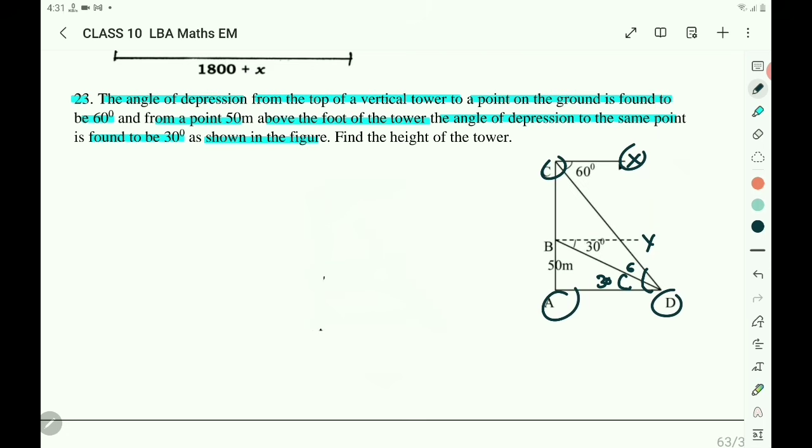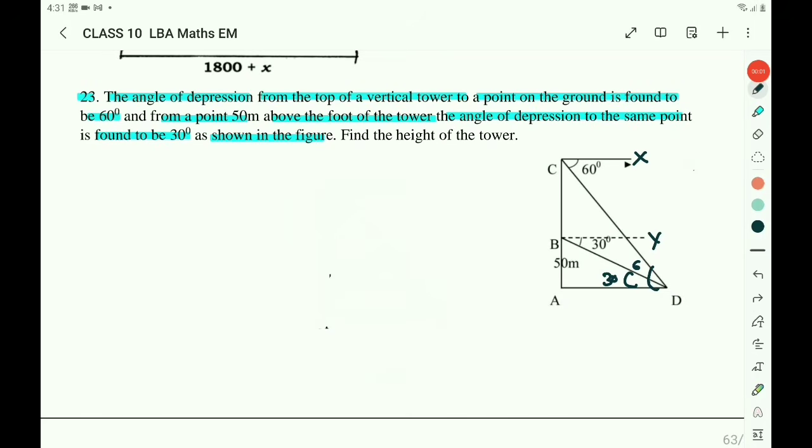CDA. Both are equal to how much? 60 degree.